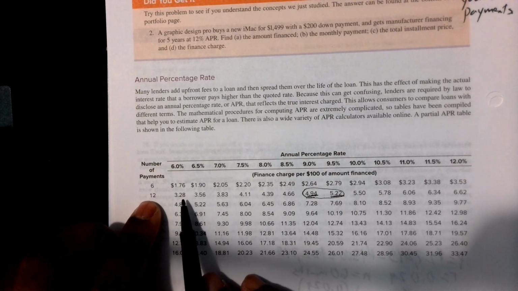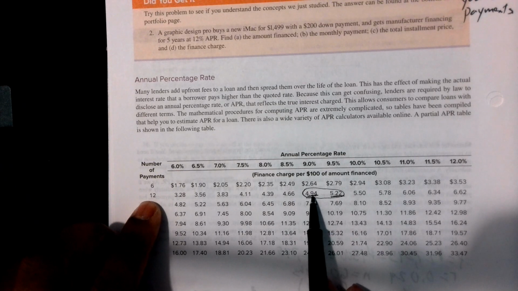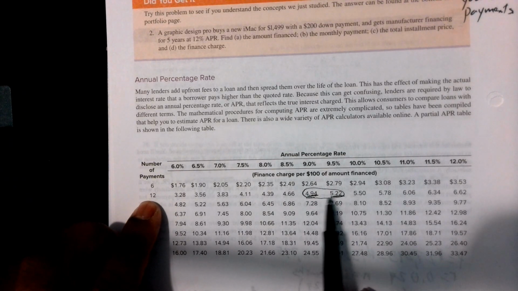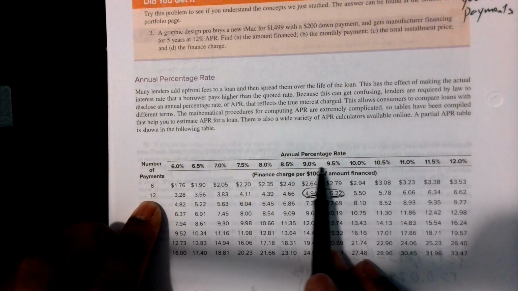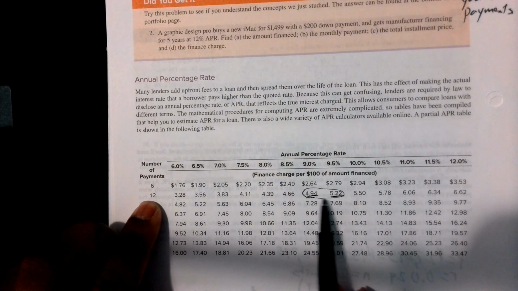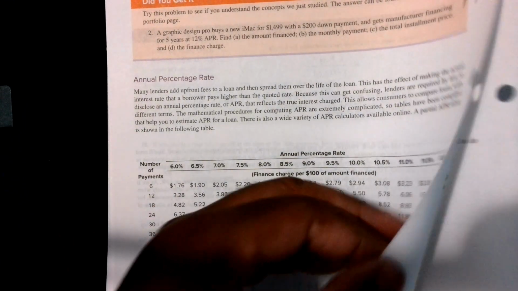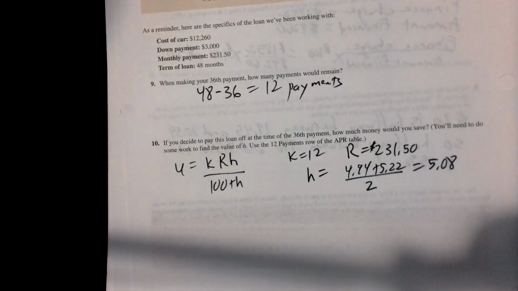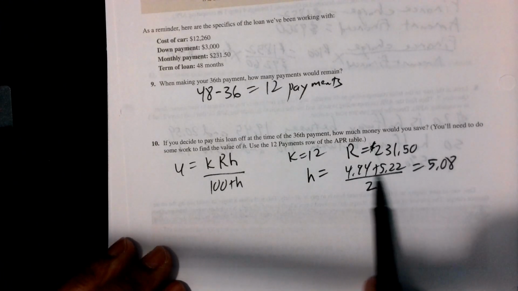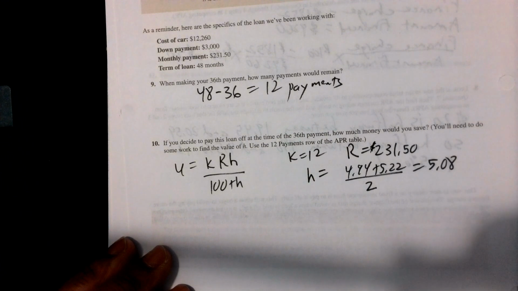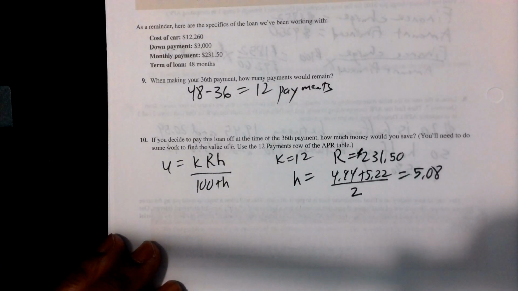So when we go up here to the 12 months, we go to the 9% and the 9.5%. And then remember, we had to take the value that was in between these two. And this is how we get our H. Because we take those two values, the 4.94 plus 5.22, and divide by 2, and it gives us 5.08.